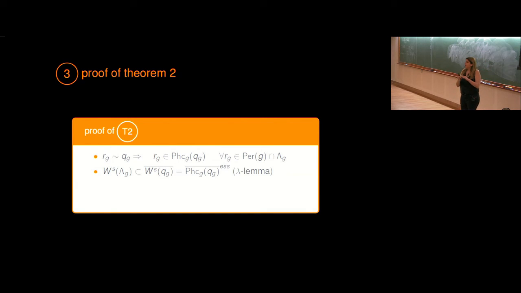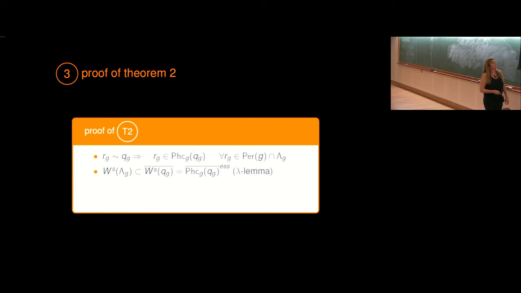Okay? They are homoclinically related, so this is contained here, and this is contained here, and this is contained here because I already said that these are S and U saturated. So if this belongs here, all its stable manifold belongs here because it's S and U saturated. So I have that all stable manifolds of the hyperbolic set are contained in the essential closure.